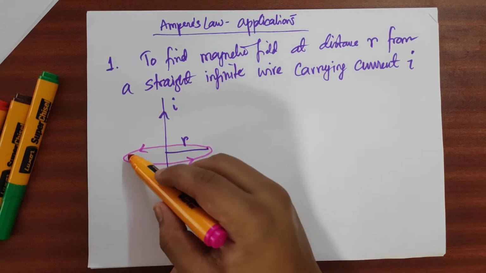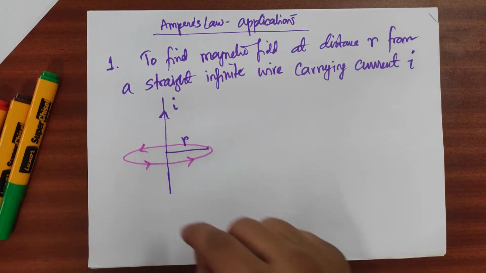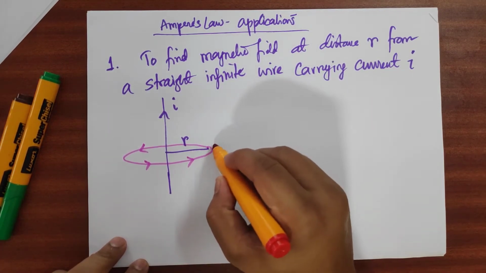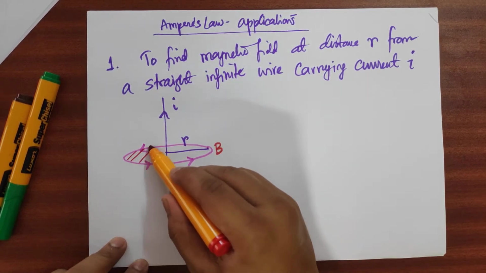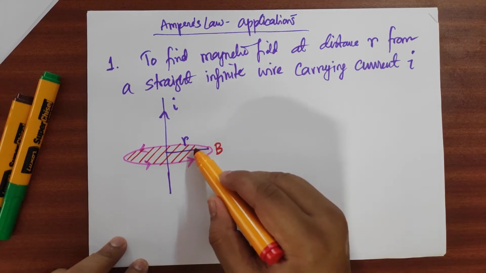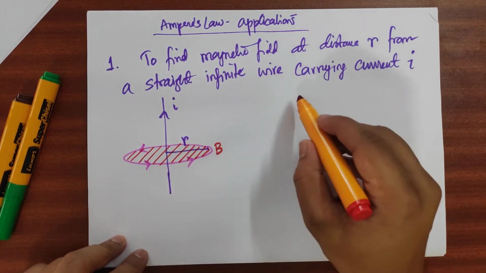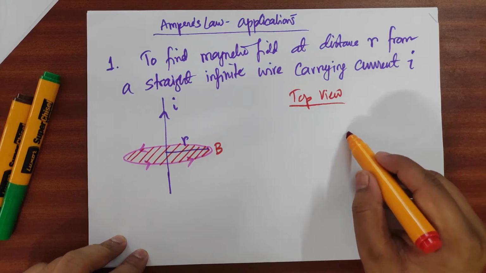So we will take this as the Amperian loop, and this is the open flat surface, and this is the loop. If you look from the top, the view of this will be like this.